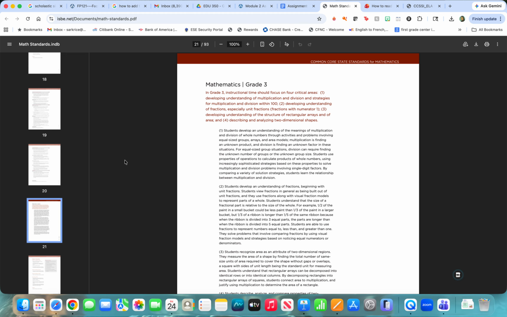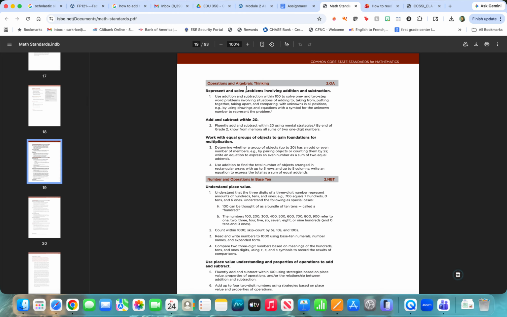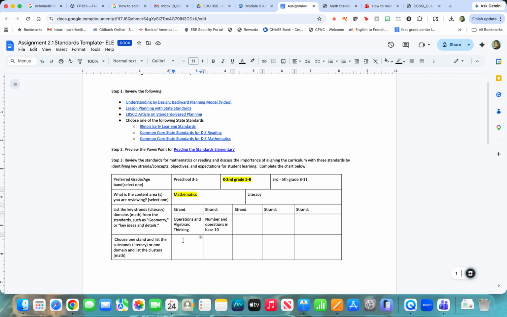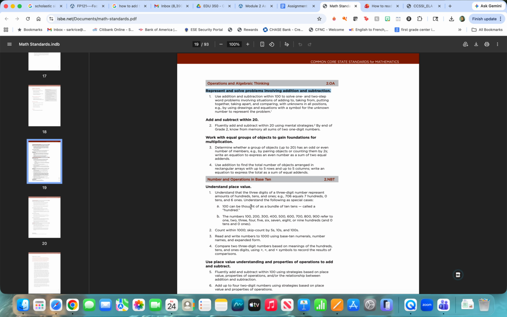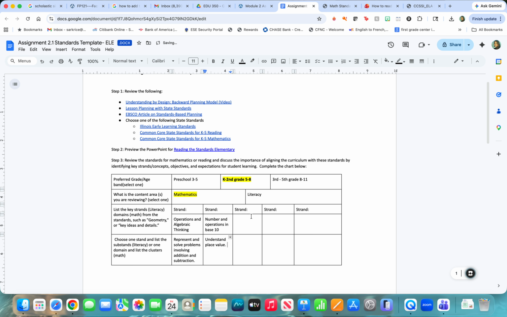Let me find second grade math. And here in operations and algebraic thinking, I have represent and solve addition and subtraction. So I'm going to put that here. Under numbers in base 10, I have understanding place value. So I'm going to put that here. And so on.